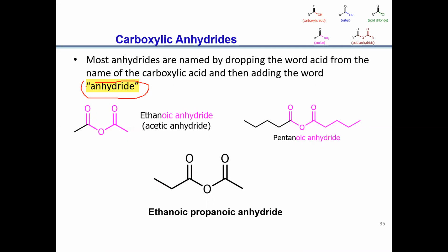If you see a compound with two carbonyl groups bonded to the same oxygen, look at this, they're bonded to the same oxygen, you should get an idea that, oh, they are the carboxylic anhydrides. I will not go into details that they could be symmetrical or asymmetrical or mixed. We don't even want to know all that.